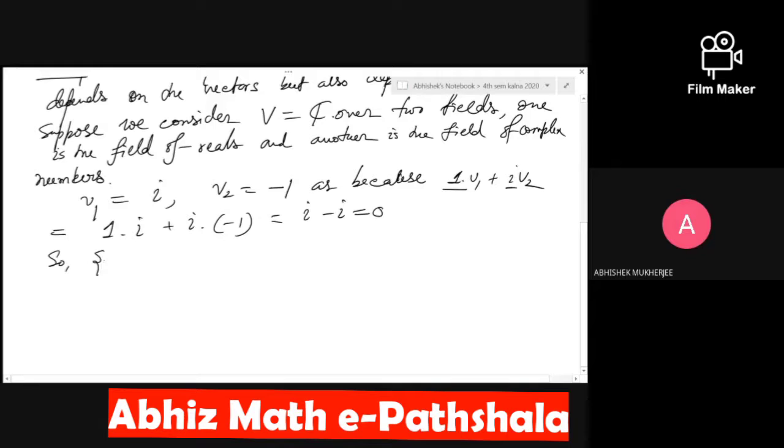So v1, v2 is linearly dependent over C. But over the field of reals, they will form a linearly independent set, just by equating the real and complex parts on both sides.